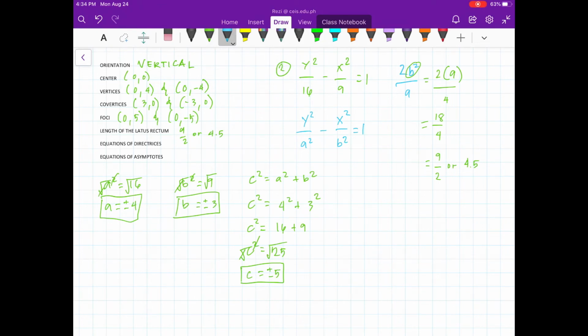For the equation of the directrix, we need this one. Substitute the values.